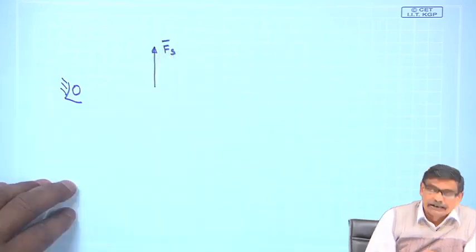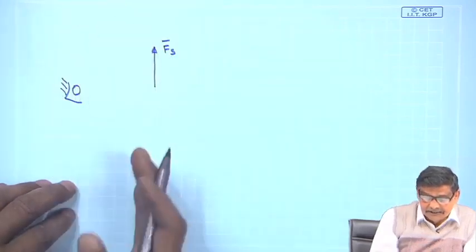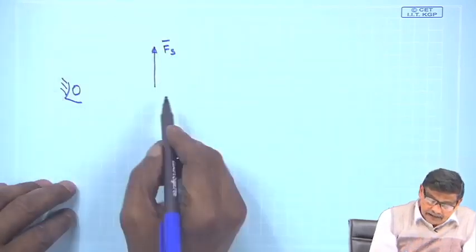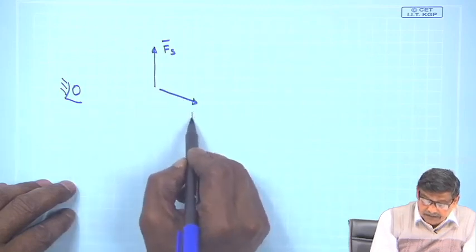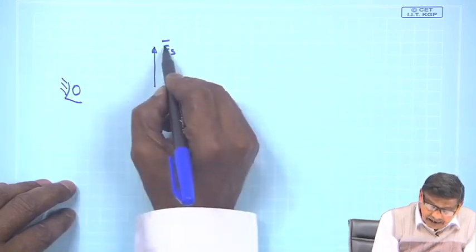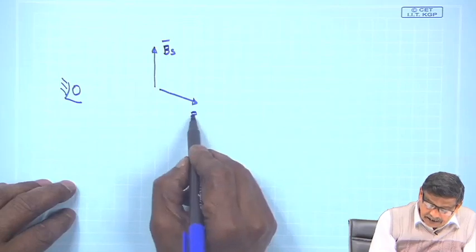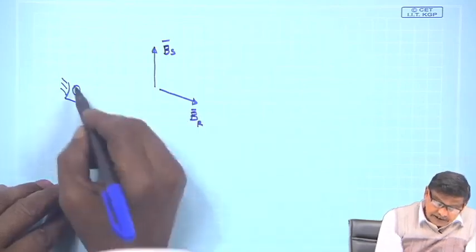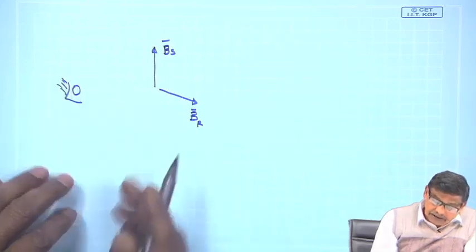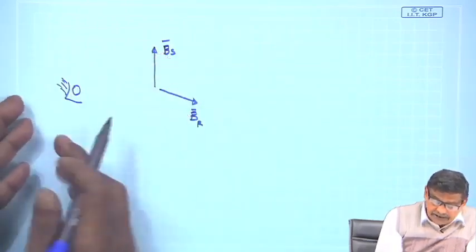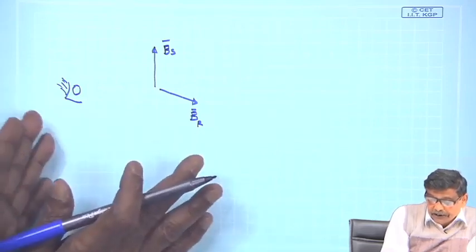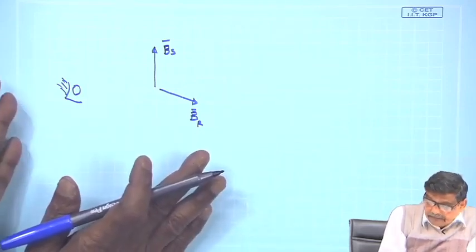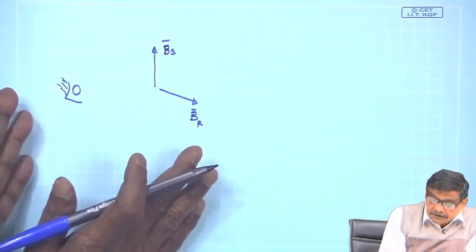If this is your stator field, just by a single line, and if this is your rotor field, write BS, write BR, with a stationary observer, and if both of them are stationary, the stationary observer will be happy, this machine can produce a steady electromagnetic torque.